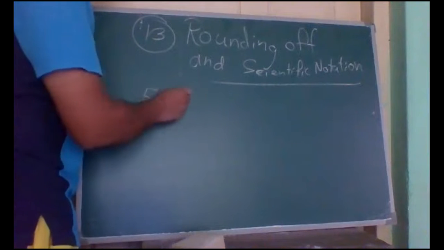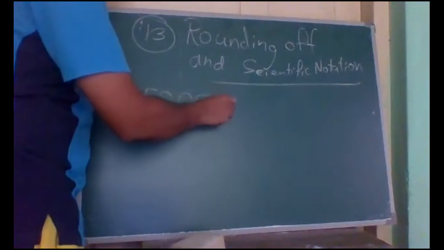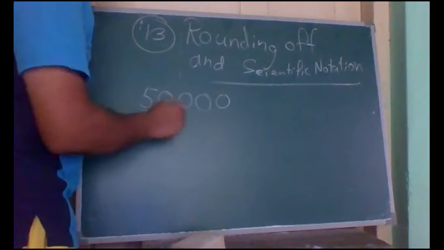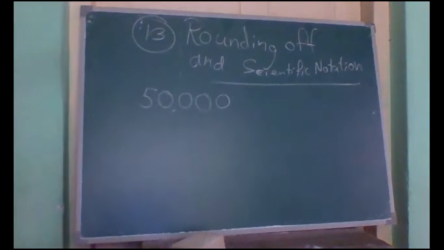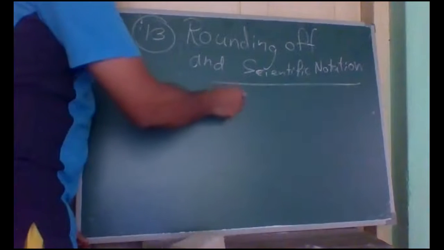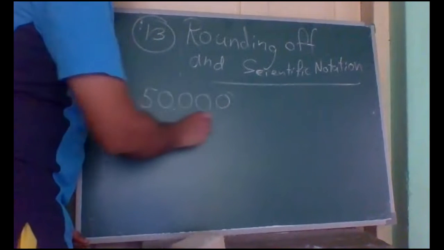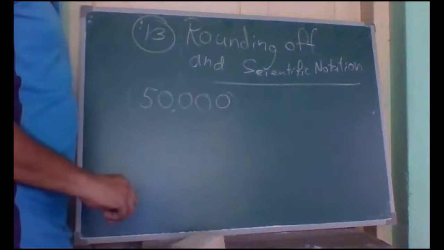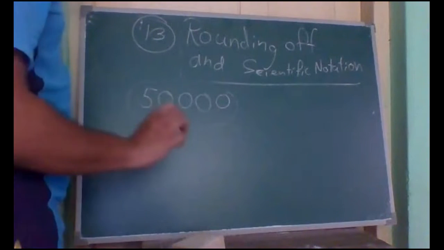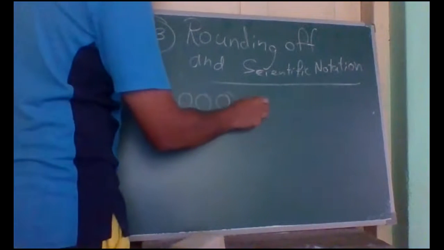Assume you have a big number here. How can we write this big number in a different way using the multiplication mark? For example, 50,000.